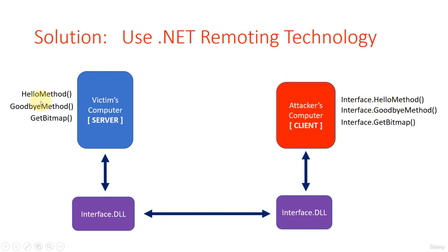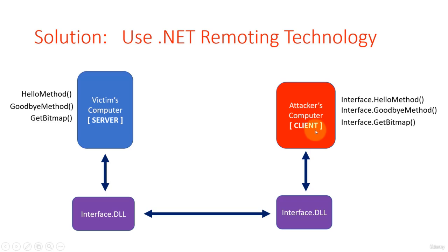The hello method resides on the server, the victim's computer, and the attacker simply has to call the interface.hello method, and magically the interface DLL will take care of that for you. It sends the command across the network, opens the connection, ensures the data is completely sent, does the reading and writing and everything, and magically the hello method gets executed as though the attacker was running it locally.